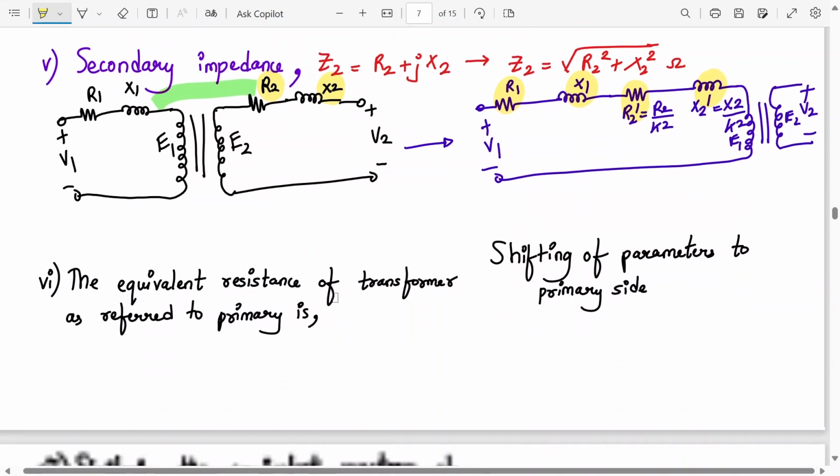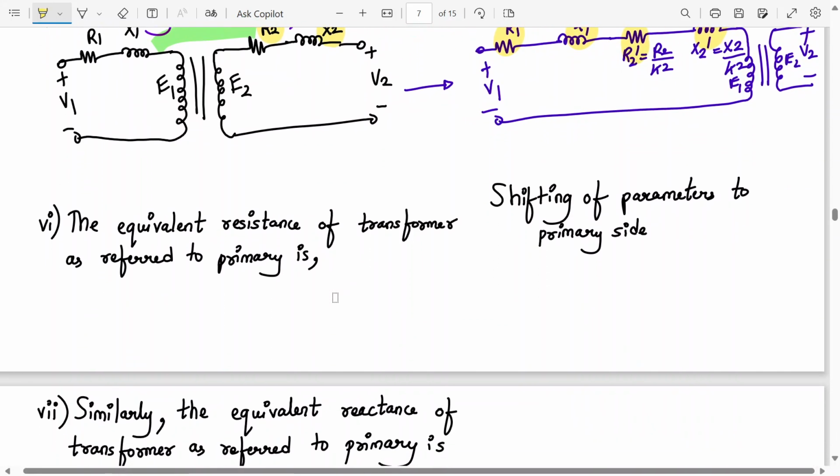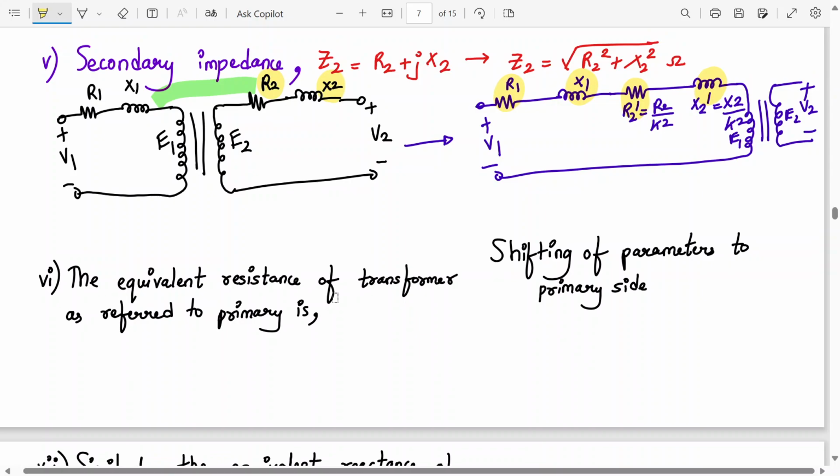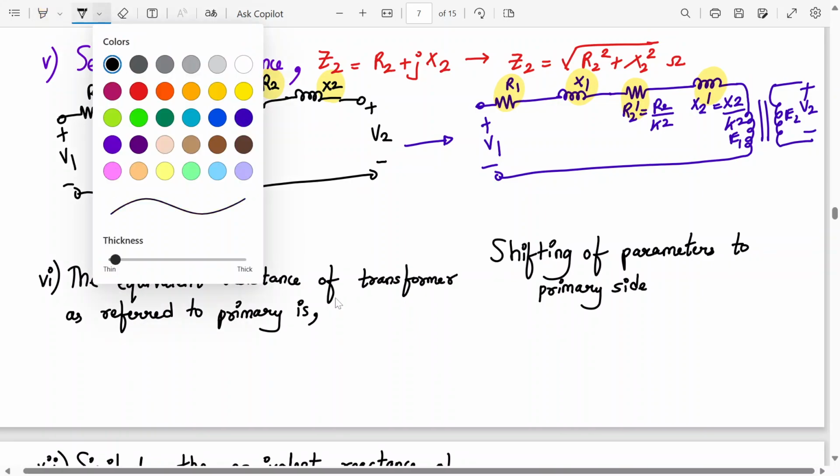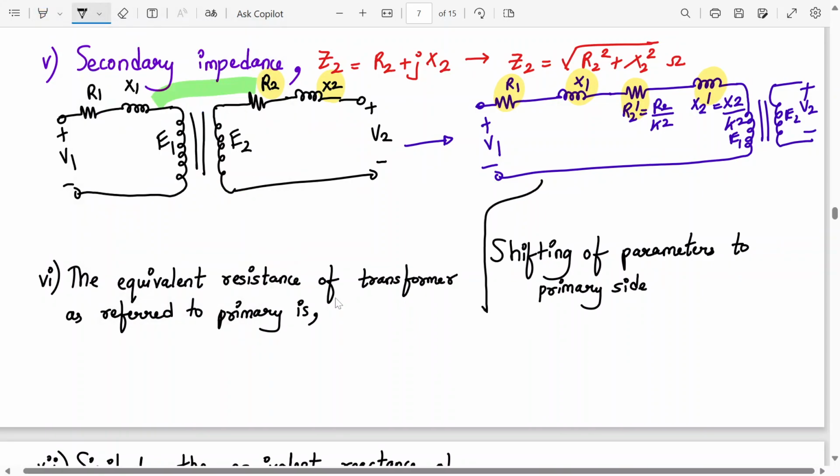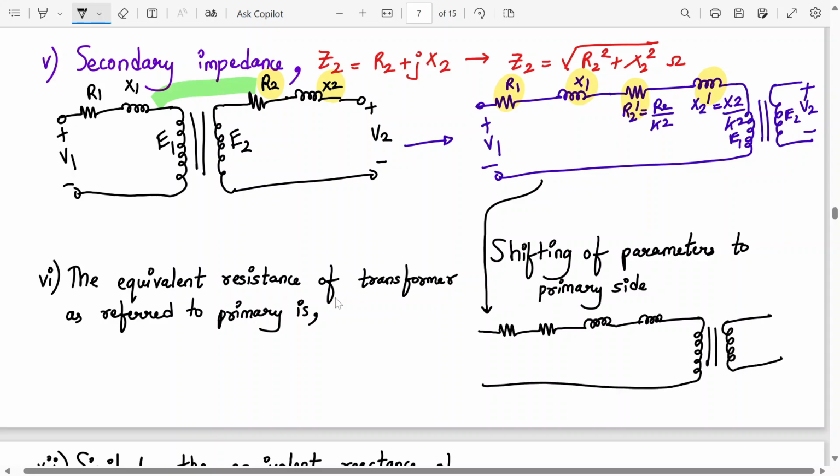Okay. Now the same thing, can I draw it like this? I've drawn it over here, but I can draw in a better way. It's the same diagram which I'm drawing over here. So you club R and R together, and you club inductives together. So this is plus minus V2, this is E2, E1, plus minus V1.